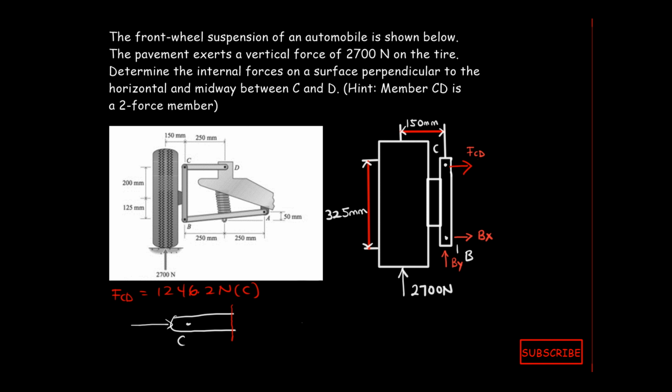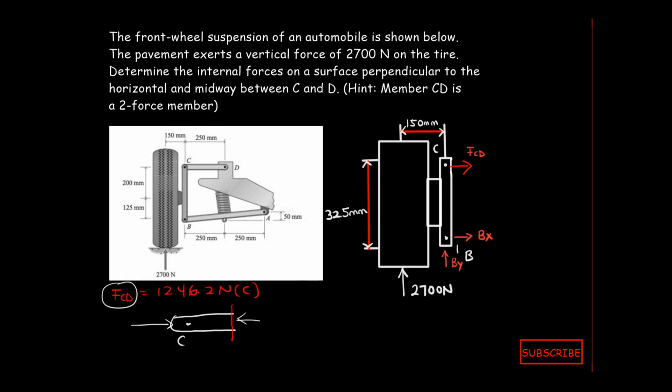Looking at this member CD, which is a 2 force member, all the axial forces on the cross sections will be the same, because it is a 2 force member. So the reaction here will be the same as this value FCD, just in the opposite direction.